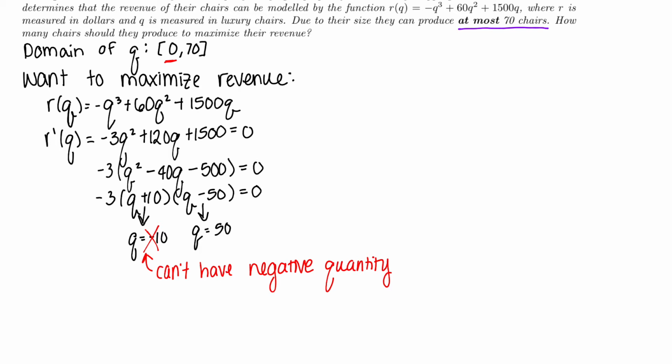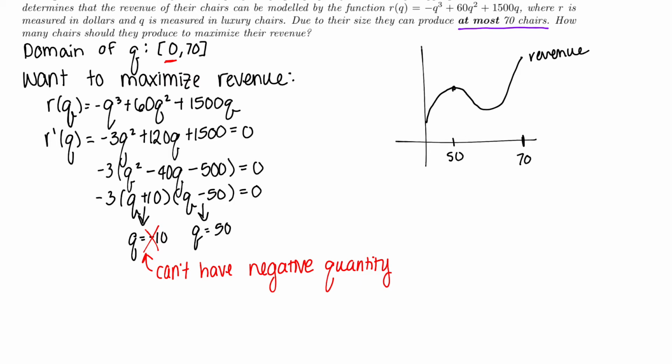What that means is that the way that our graph looks, it could look like this. Like, what if 70 was here? This is revenue. And what if this was 50? Let's pretend that that scale made sense.